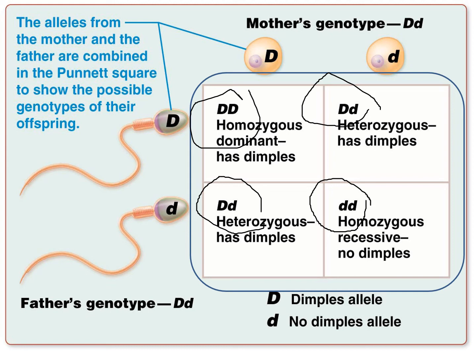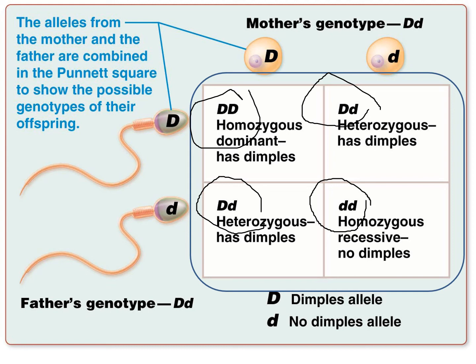This is heterozygous, just like the parents. Finally, they have a possibility of having a child that's little d, little d. Since they're both the same, it's homozygous. Since they're little d, that means they're recessive. So we call this homozygous recessive.